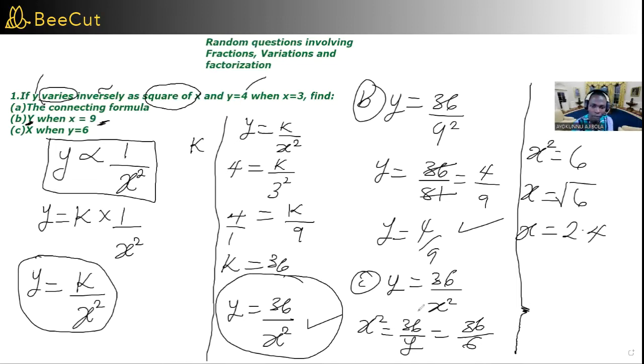And the other one that we found y to be 4 over 9, you can also convert to decimal. So 4 divided by 9 gives us 0.44. So just take note of that as I clear the screen and bring forth another question. Is that clear? Okay. Thank you.